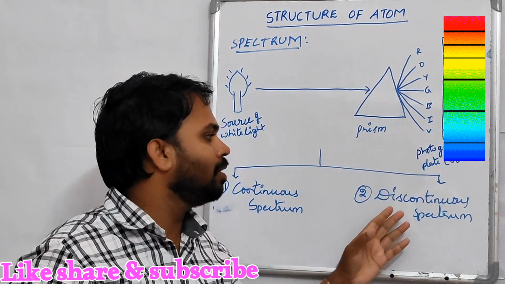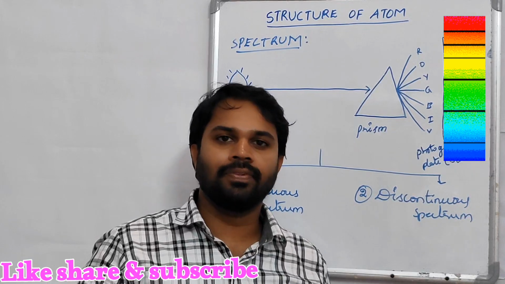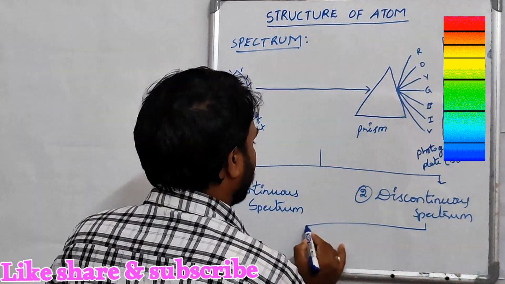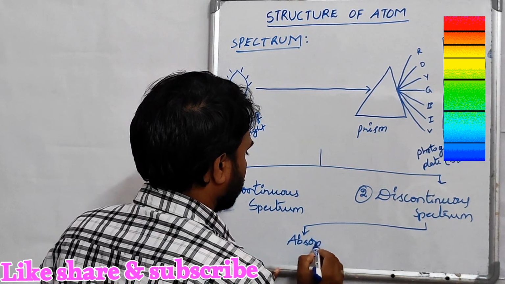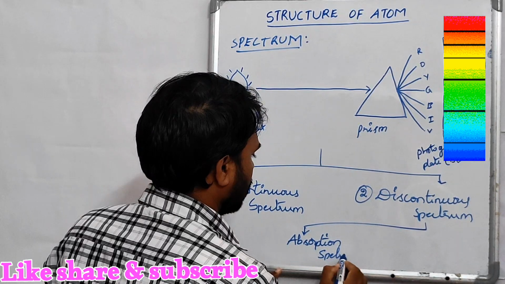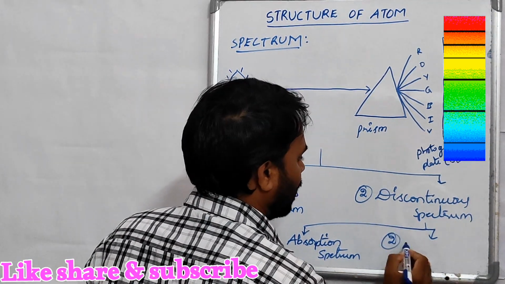That spectrum is called a discontinuous spectrum. The discontinuous spectrum we can classify into two types. One is absorption spectrum, and the second one is emission spectrum.